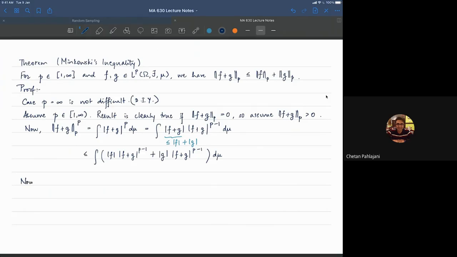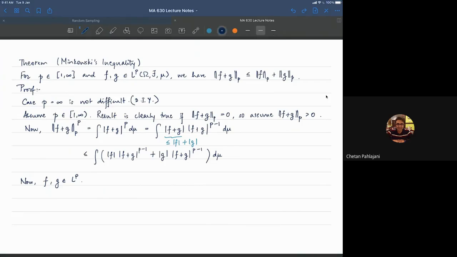Now, f and g are both in L^p, right? Now remember here, p is in [1, infinity). So let's find out what the conjugate exponent is.